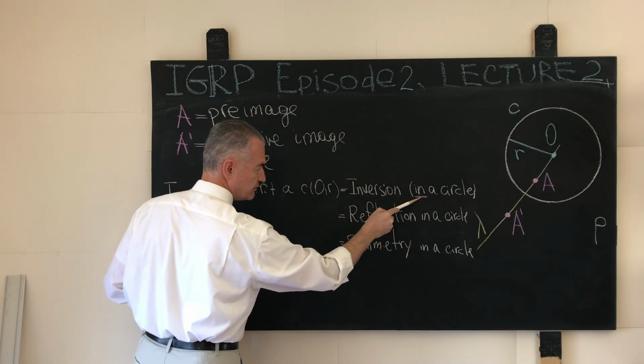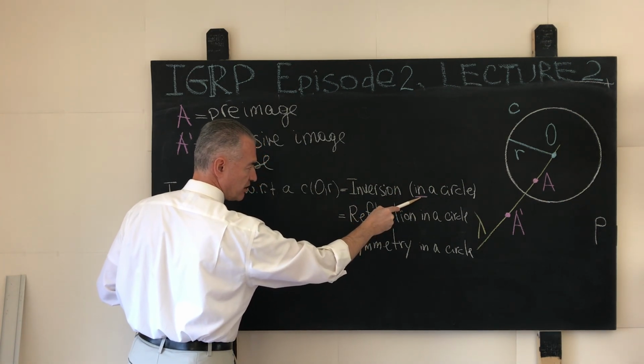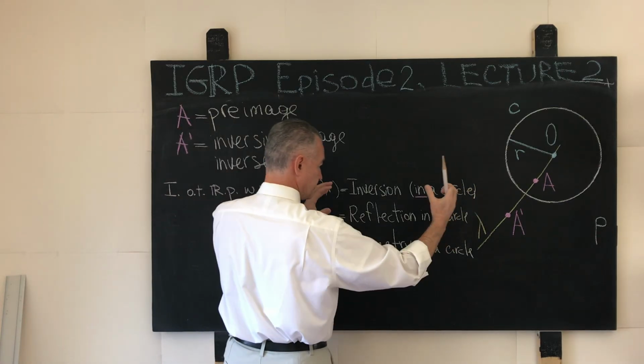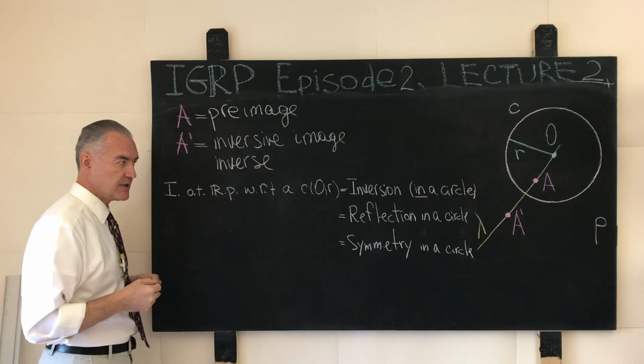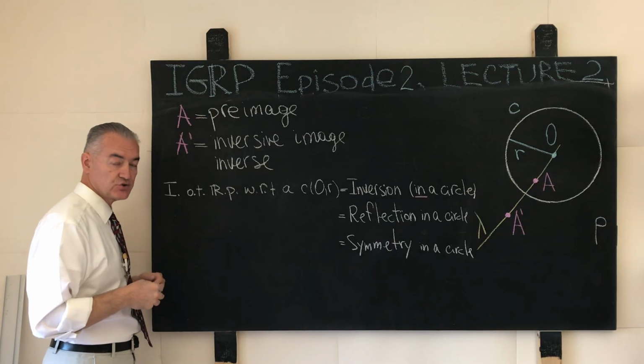Here the word in comes in very quickly, very helpful. So this compresses all this technically accurate but long and cumbersome mess into inversion in a circle.